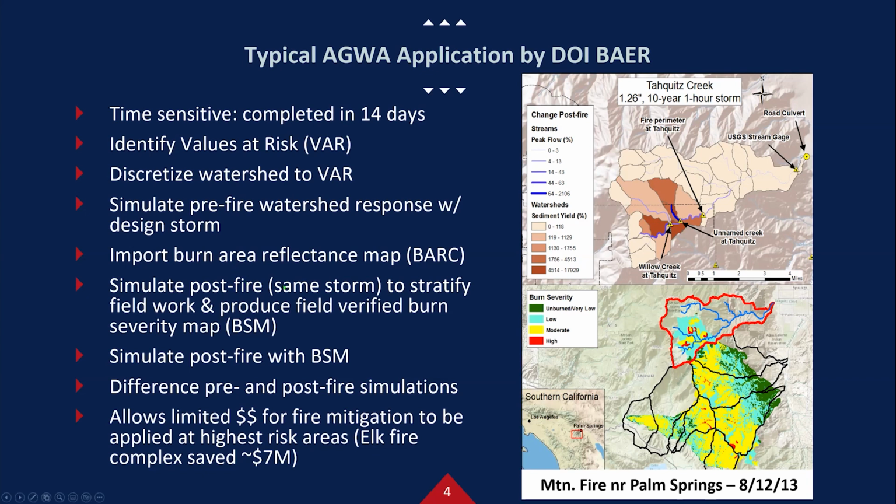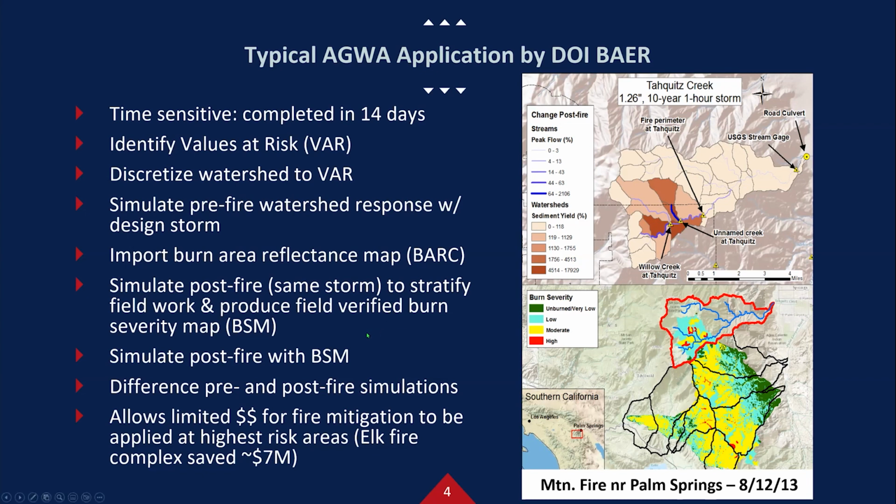So, in essence, this gives them an idea of where they should go in the burn area to do their checks. Now, this is part of their process, is to do a field verification, but because of the initial post-fire simulation with the BARC, they may select different areas to go to and actually do a field verification.